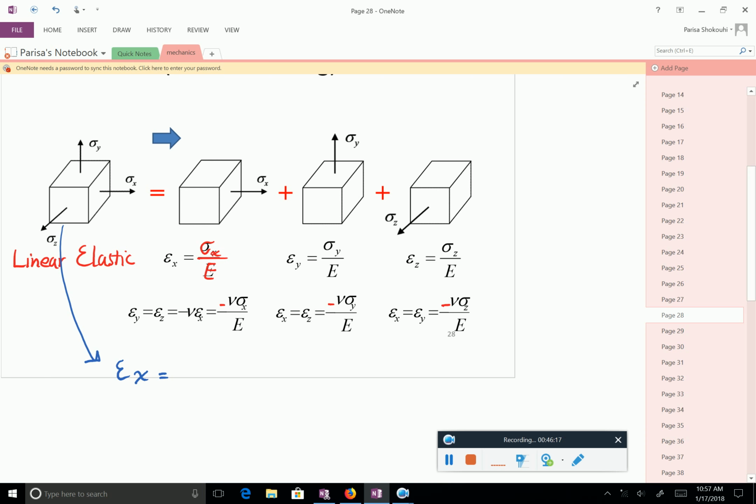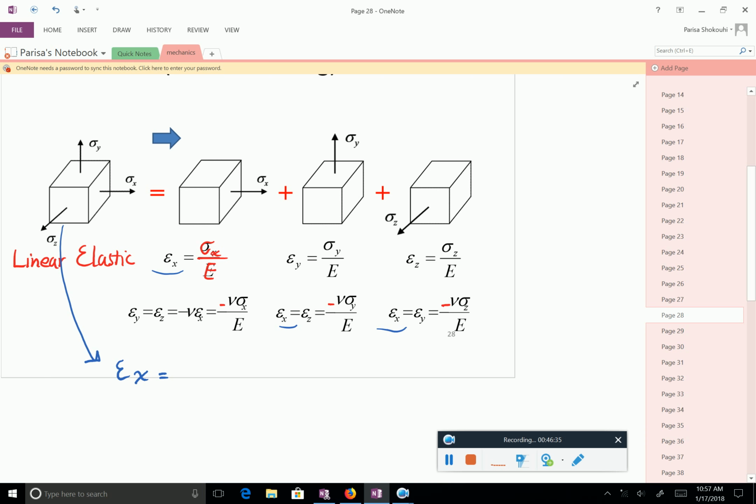Wherever we have epsilon x, we have to sum it up. So it would be a summation of epsilon x from the first one, plus epsilon x in the second one, and epsilon x in the third one.